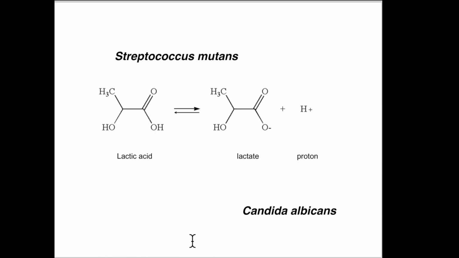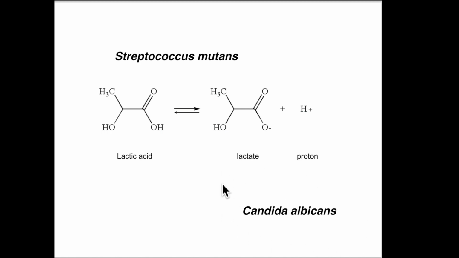Let's go back to Streptococcus mutans, and remember it can produce lactic acid. From Chemistry 101, with conjugate acids and bases, lactic acid can dissociate into lactate and its proton, decreasing the pH. This lactate can then be used by Candida albicans.